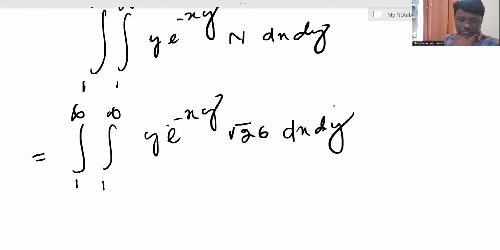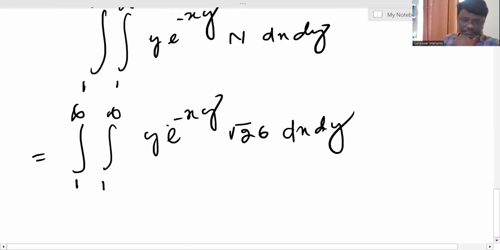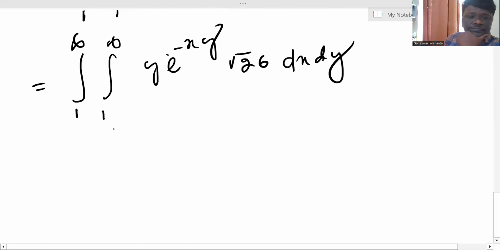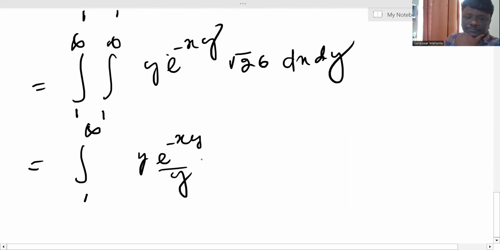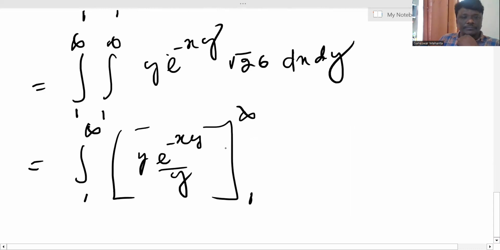Now this is partial integration. You have to integrate with respect to x, with limits 1 to infinity: y e to the power minus xy divided by y, with root 26 outside, and dy.